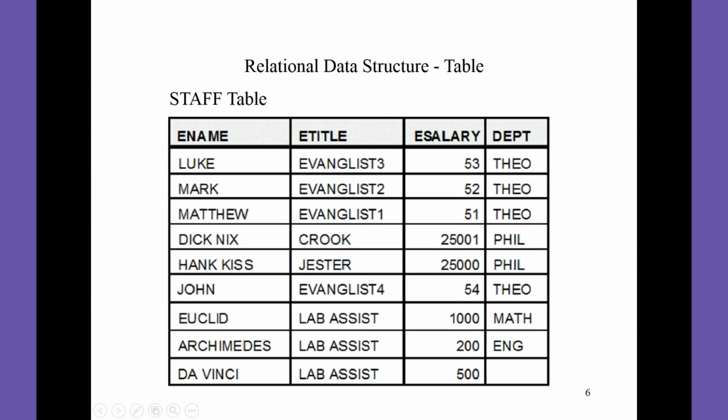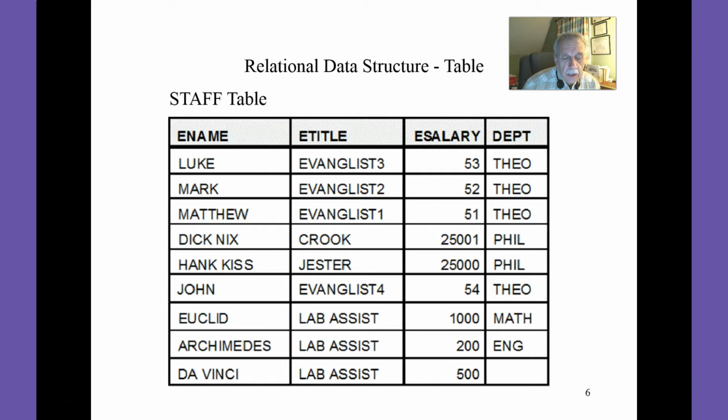Let's take a closer look at this logical structure. Each database table is designed to record data about one kind of thing. The staff table, as shown here, records data about employees or staff at some college. Each row in the table describes some individual staff member or some individual employee.